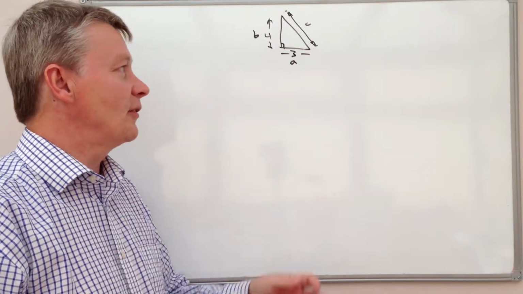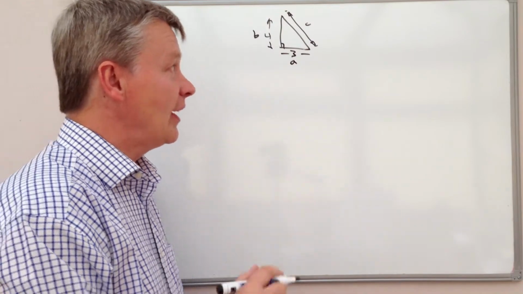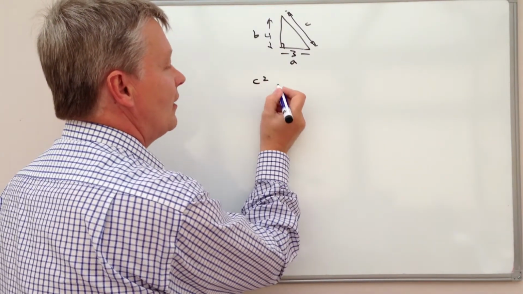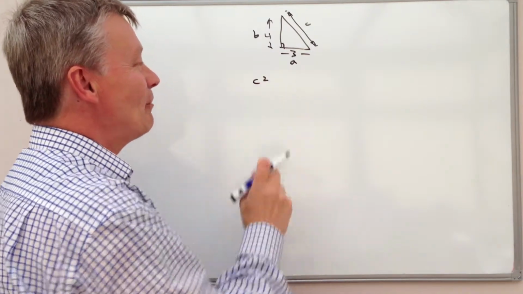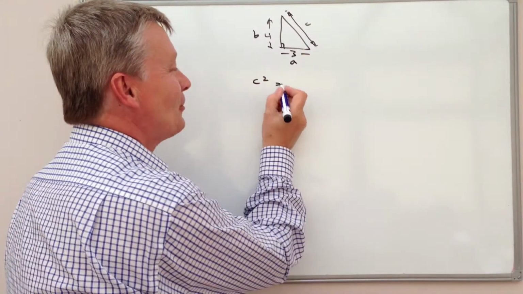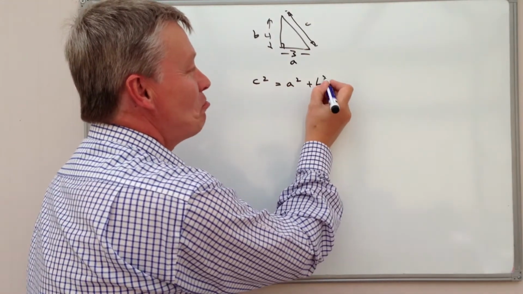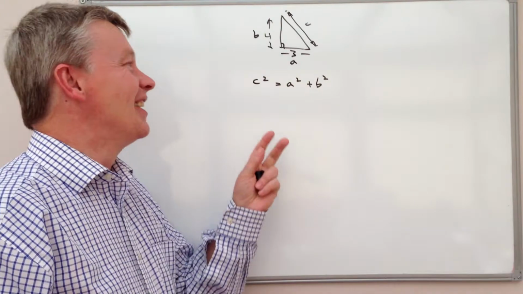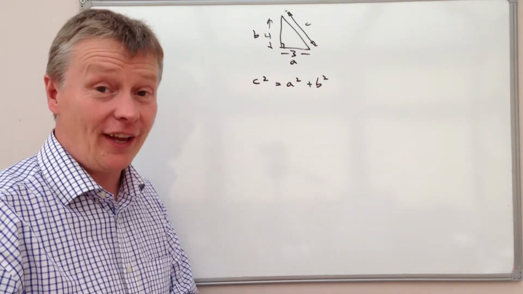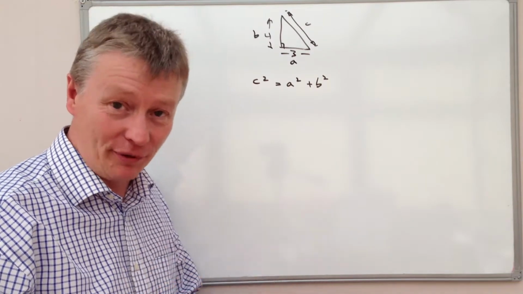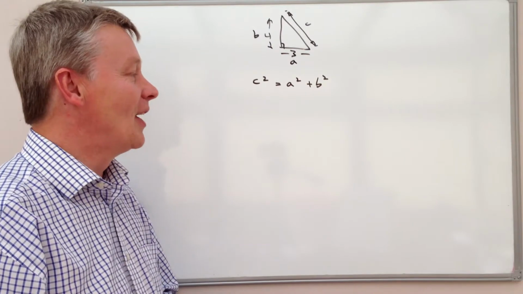It's generally accepted that the shorter side will be A. And the theory is that C squared equals A squared plus B squared. So that's the Pythagorean theory, and if you have a look at the proof of that, then hopefully that'll give you a better idea as to where that's come from.